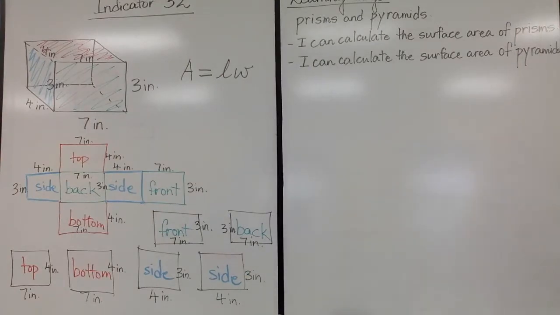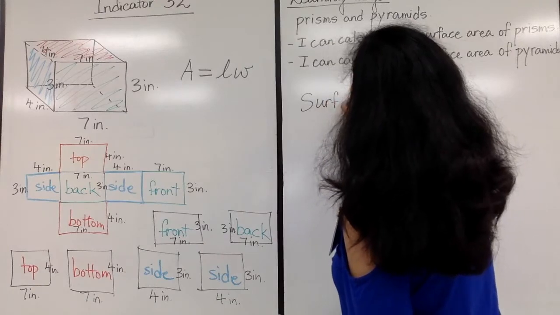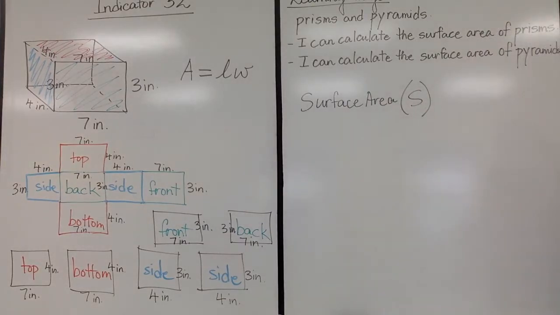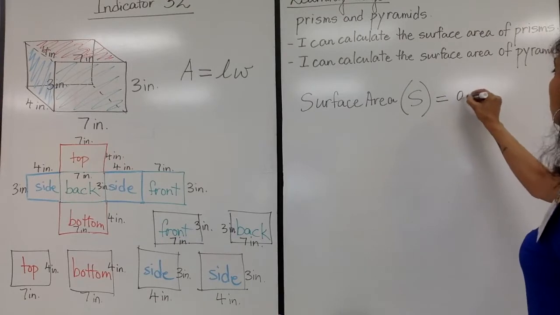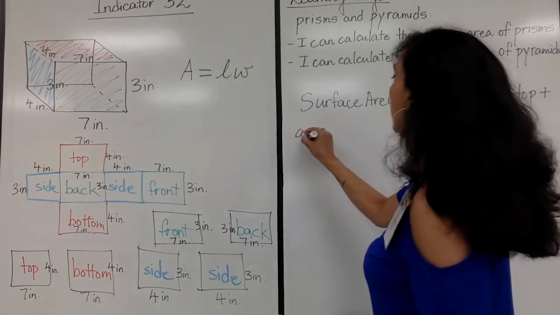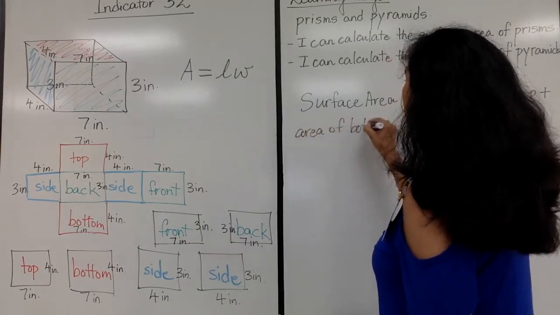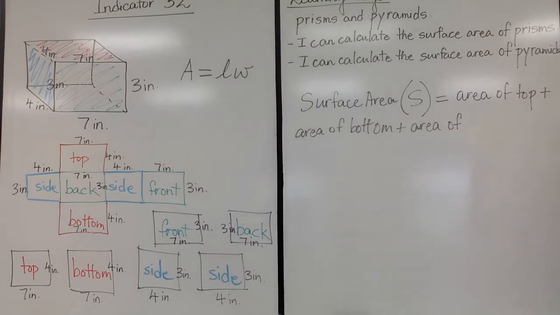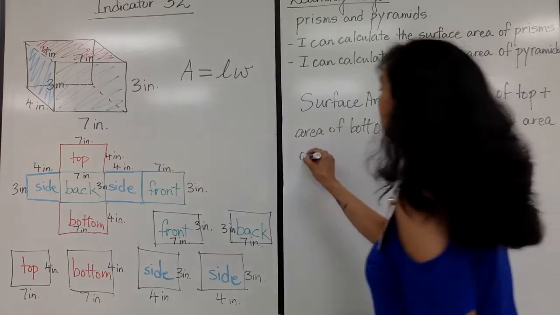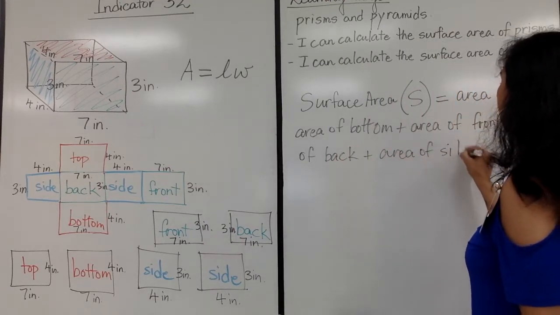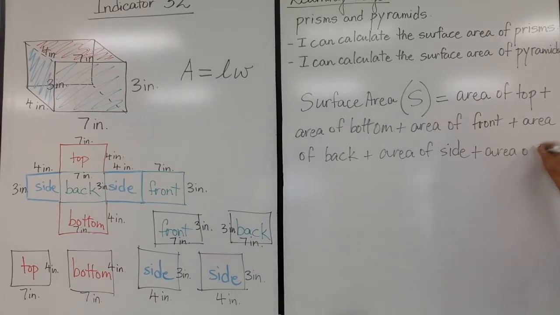Now, when broken apart, to find the surface area of this rectangular prism, surface area, okay, which is S, this is equal to area of top plus area of bottom plus area of, I have the front, plus area of back, plus area of side and area of another side.